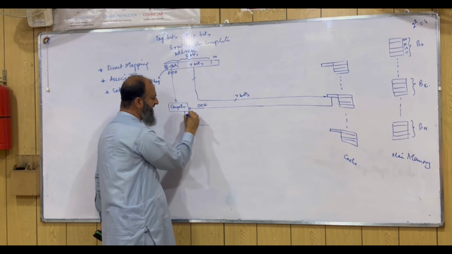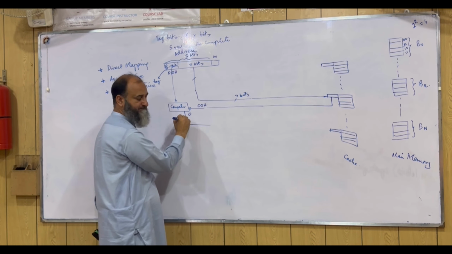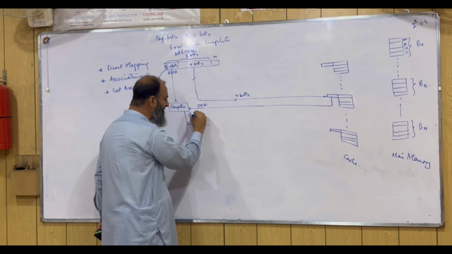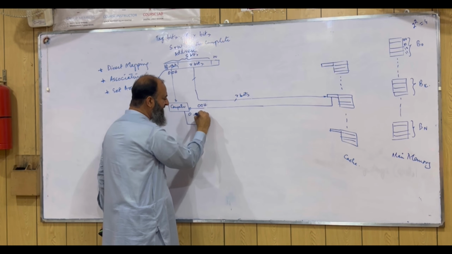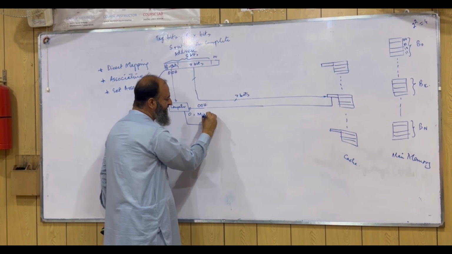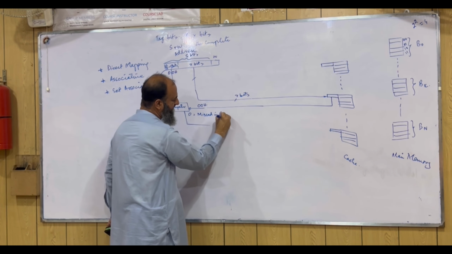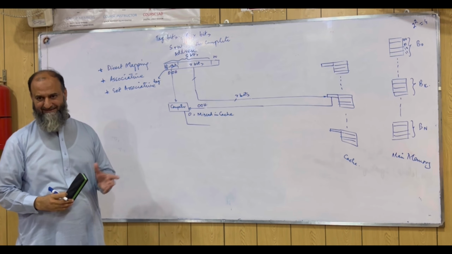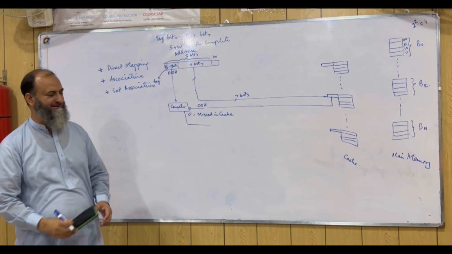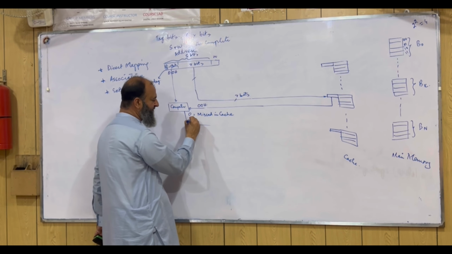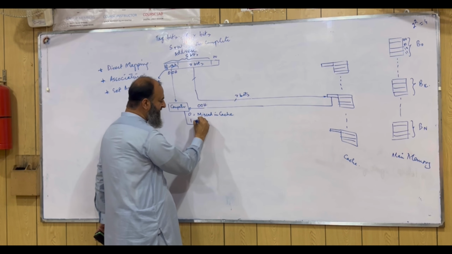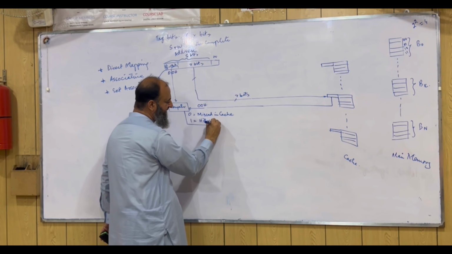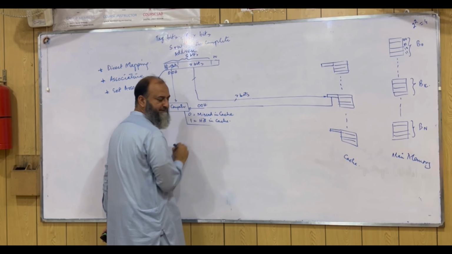If this output is 0, it represents a miss in cache: the word is not present in the cache. If the comparator generates 1, this is said to be a hit in cache.